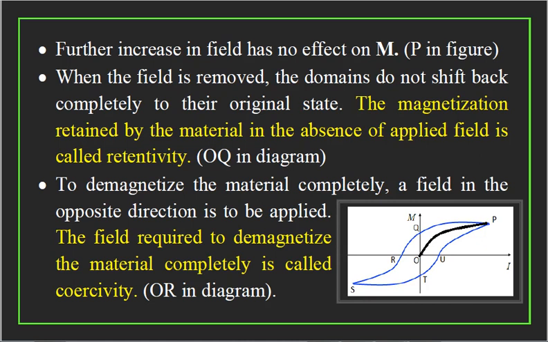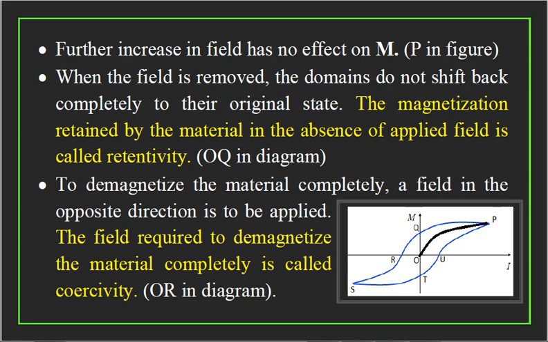When the field is removed, the domains do not shift back completely to their original state because they are again strongly interacting. They cannot go back to the random position as in the case of paramagnetic material. So even when the magnetizing field is removed, if it is zero, some amount of magnetism is retained by the material.